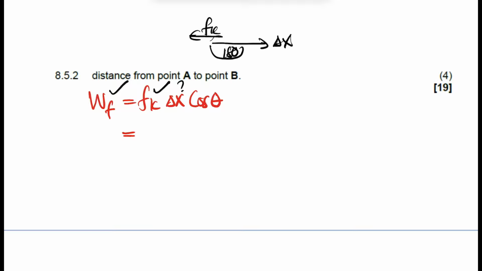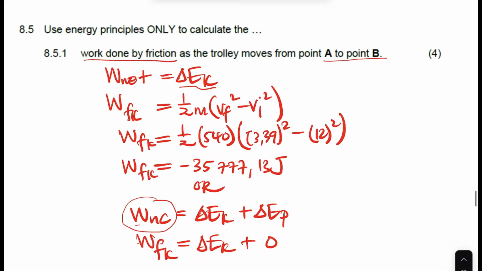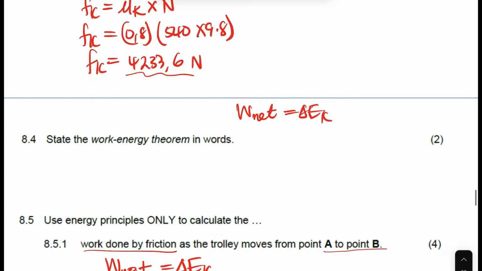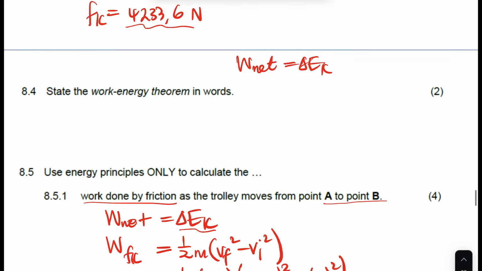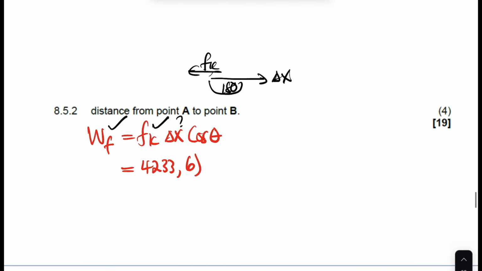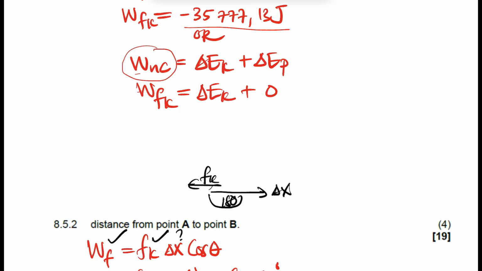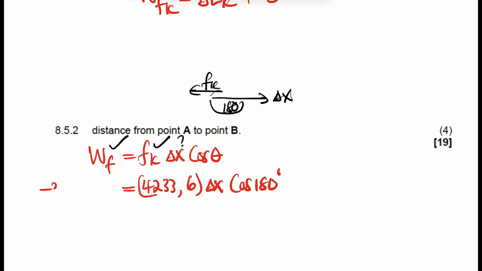So let's substitute there. The friction we calculated is 4,233,6. Am I right? Yeah. Times the distance, which is the displacement, cos, since I said it opposes the motion, cos 180. And the work done by friction we just calculated is negative 35,777,13.